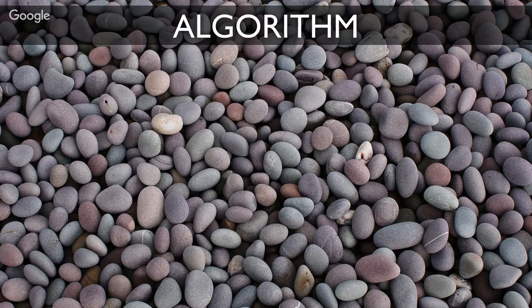We would end up getting an approximation, as opposed to an algorithm. Let's say there was some kind of algorithm that could go in and actually find every single pebble that was there, and it wouldn't be an approximation.